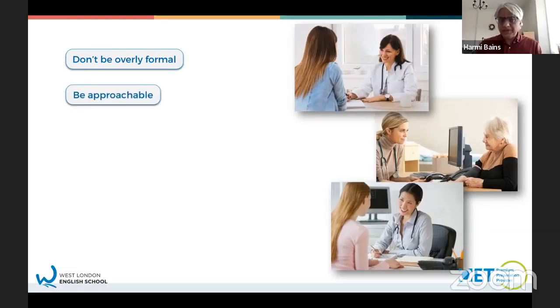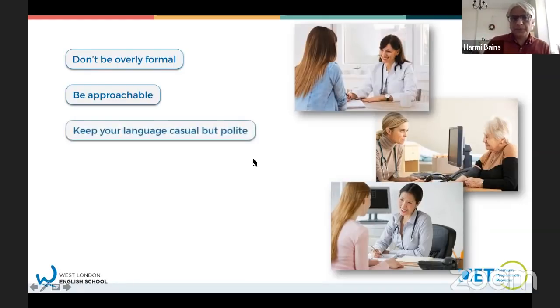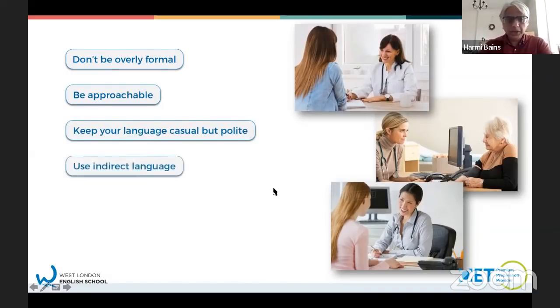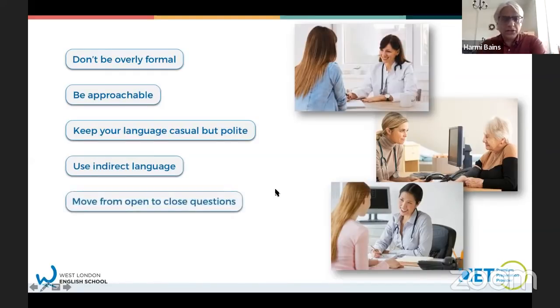You want the atmosphere to be nice, and if the patient has any questions, they should be able to just ask you quite comfortably. And as I said before, you need to keep your language casual, but do keep it polite. We've talked about indirect language and indirect questions, and looking at questions, moving from open to closed questions.